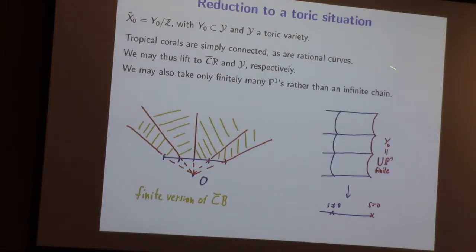And I'm just observing that these tropical curves, we're doing genus 0 stuff, are simply connected as are our rational curves, so you can lift both on the geometric side and on the tropical geometry side to this Z quotient. Okay, so let's just take this thing. So we are first looking at this very simple thing. You take a chain of P1s, finitely many, cross C. This is Y0.